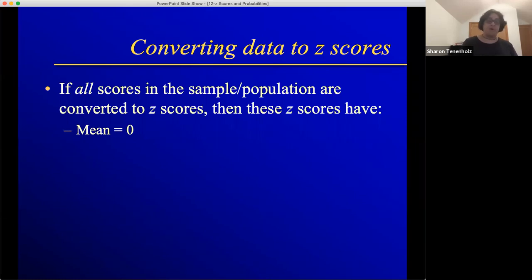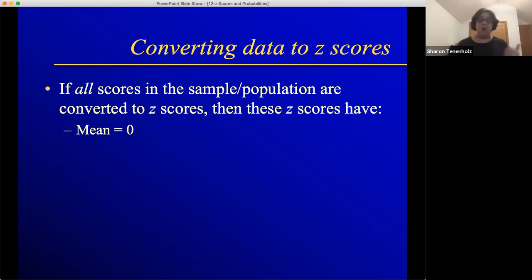One property is that the mean of all of the z-scores within that distribution will be 0. Some scores are above the mean and will cause positive z-scores. Some scores are below the mean, will cause negative z-scores, but it will all come out on average to 0. So if you convert every single score to a z-score, then that distribution of scores will always have a mean of 0.